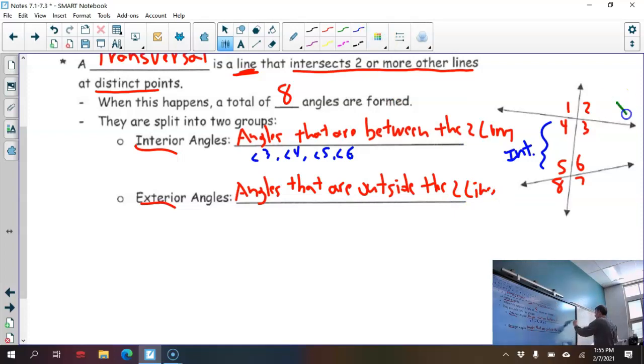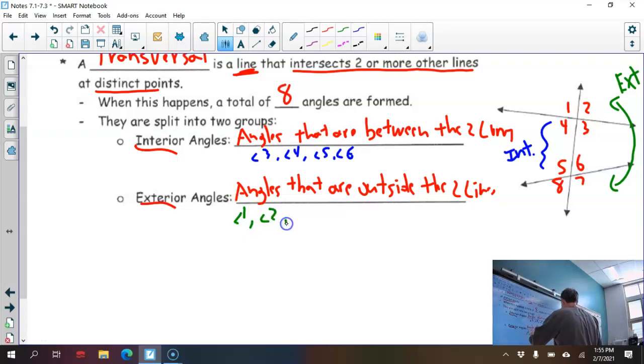So that might be angles in these areas, right? Those would be your exterior angles. That would be angle 1, angle 2, angle 7, and angle 8. Right? Interior means inside, exterior means outside, and that is the 2 groups of angles we have so far.